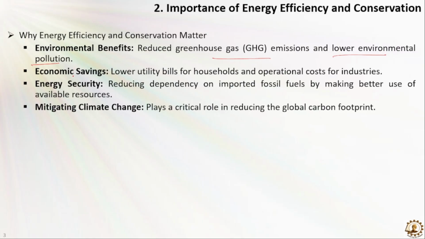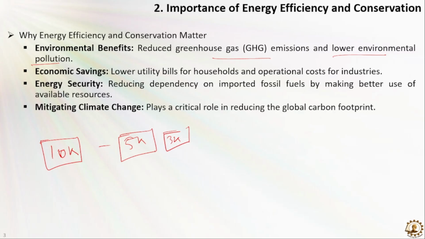Second, a more important aspect is economic savings. Suppose you are earning 10k rupees and you are spending 5k on energy appliances or some energy consumption. But your behavioral changes and your concern can reduce this to 3k. That is an example: you can save 2k by changing your behavior.